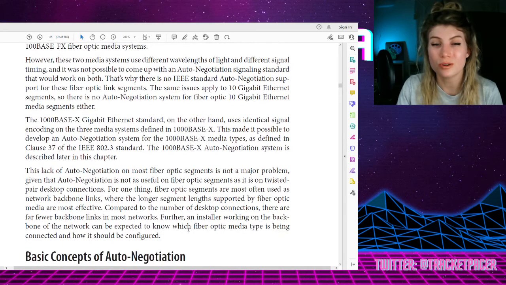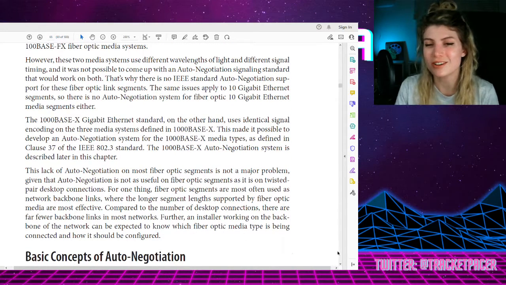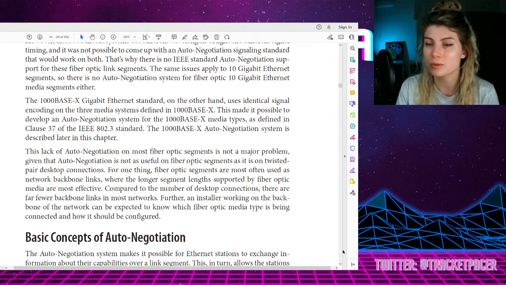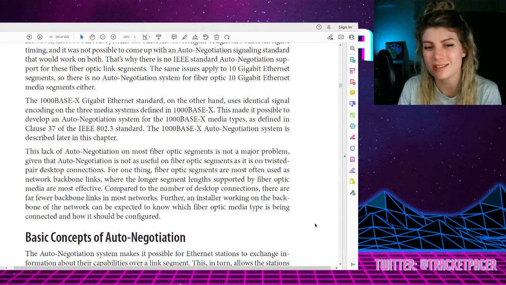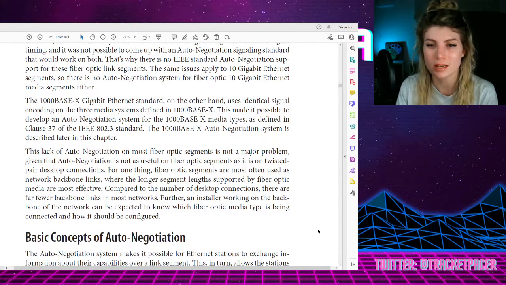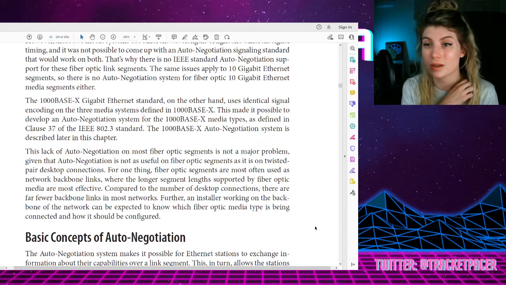This lack of auto negotiation on most fiber optic segments is not a major problem. Okay, someone who's an expert, please tell me if that's still an issue today. I'm super curious. Given that auto negotiation is not as useful on fiber optic segments as it is on twisted pair desktop connections.